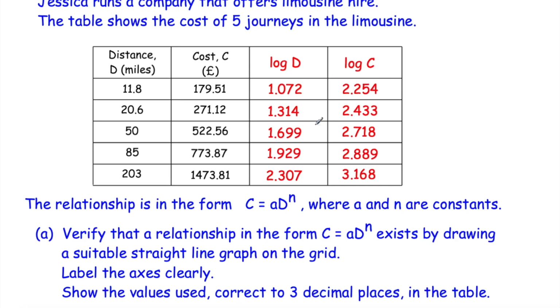But if they haven't been labelled for you, here we're going to cross horizontally from 1.072 to 2.307. So I would perhaps think, well, I need my scale to go from 1 to 2.4, and that would cover us horizontally. And then vertically, we need to go perhaps from 2.2 up to 3.2, so I'd make sure that vertically we'd cover those numbers. So here's a set of axes.